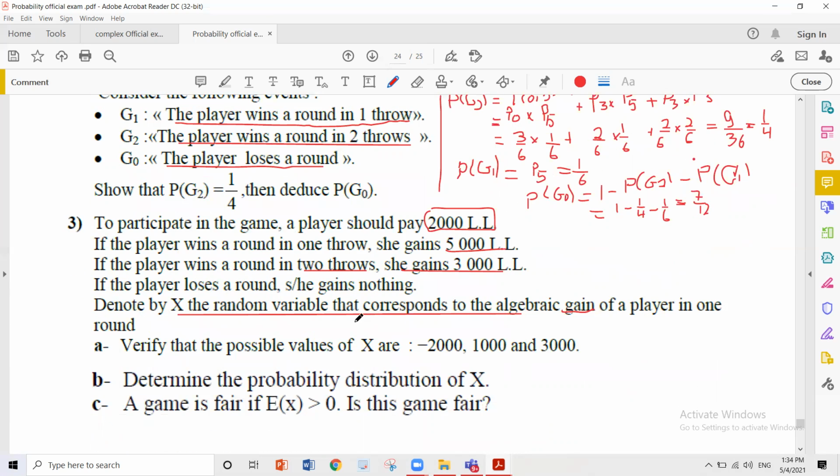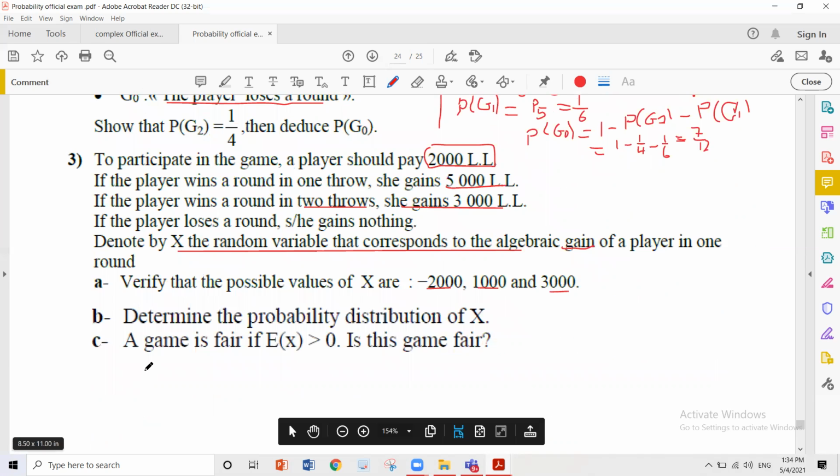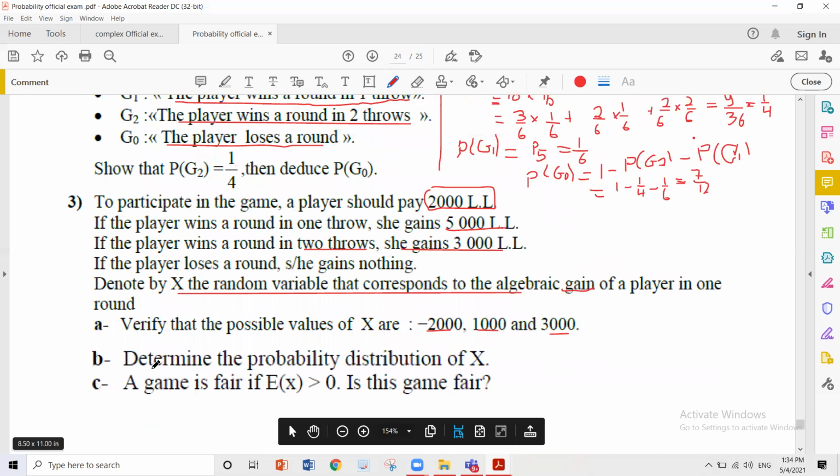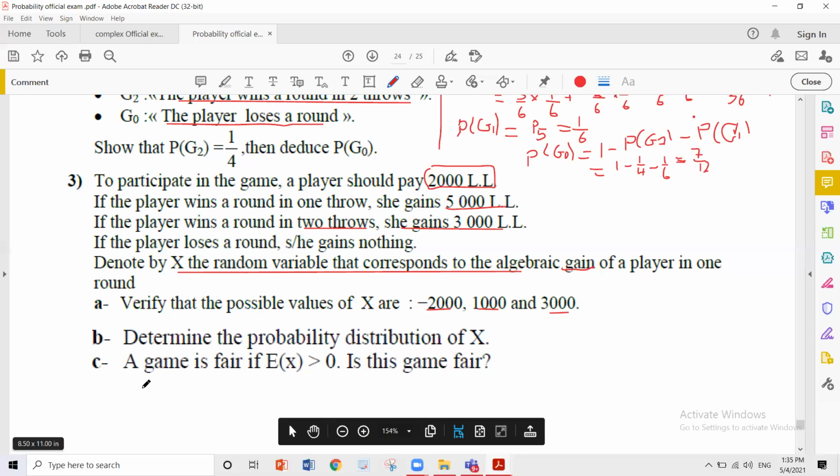X is the algebraic gain of the player. Why is X minus 2,000 or 1,000 or 3,000? How to verify X equals minus 2,000? We subtract. If he gains nothing, 0 minus 2,000.